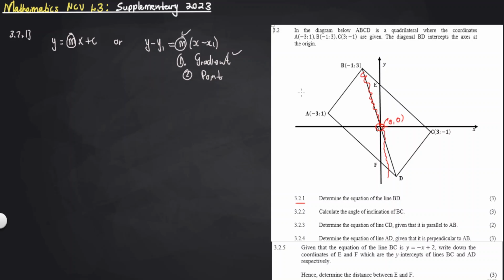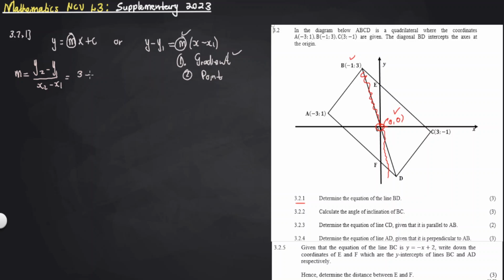So how do we calculate the gradient for BD? I have two points. It's the origin as well as B. So the gradient m is equal to (y2 - y1) over (x2 - x1). What is y2?